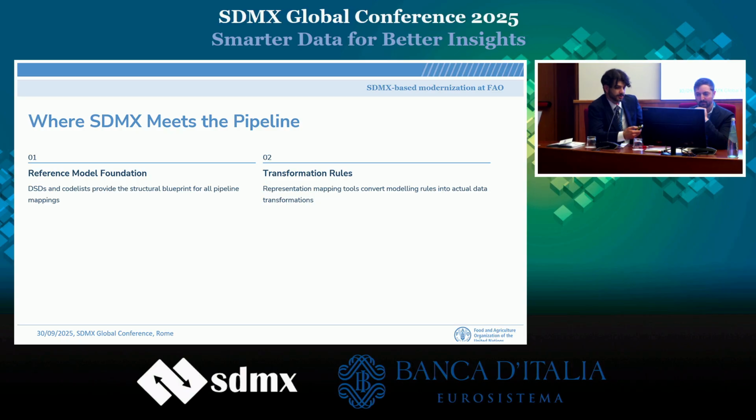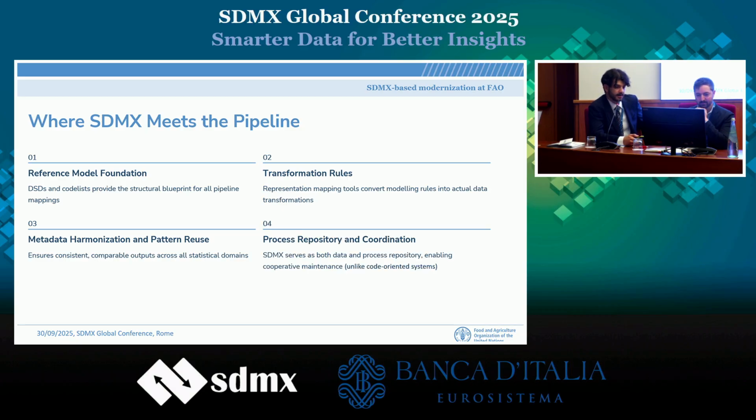Then we define the transformation rules to move the data from one stage of the pipeline to the other one. And we always keep an eye on data harmonization, which allows us to use mostly the same code lists and representation maps across different domains. And in this way, we managed to have SDMX not only as a metadata repository, but also as a process repository.